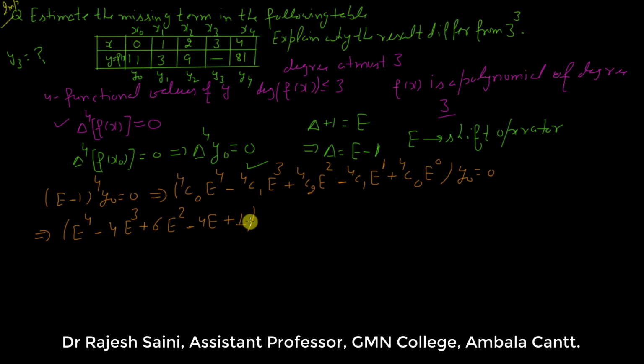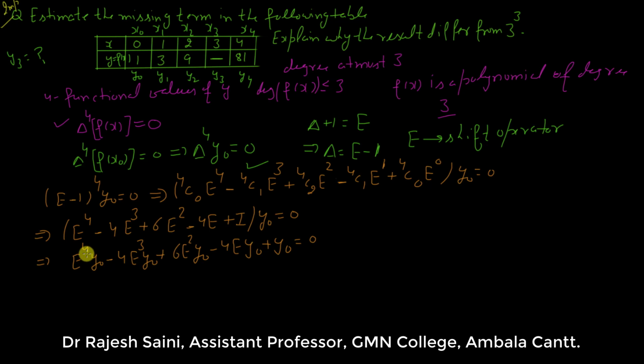Since these are operators, I will write it as identity operator. So this will be y0. This further implies that now this operand will go inside the operators. E^4 y0 plus 6 E^2 y0 minus 4 E y0 plus y0.